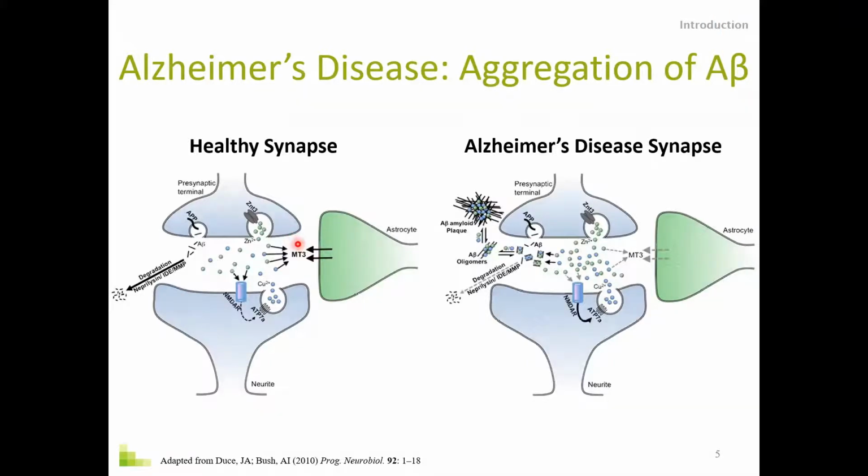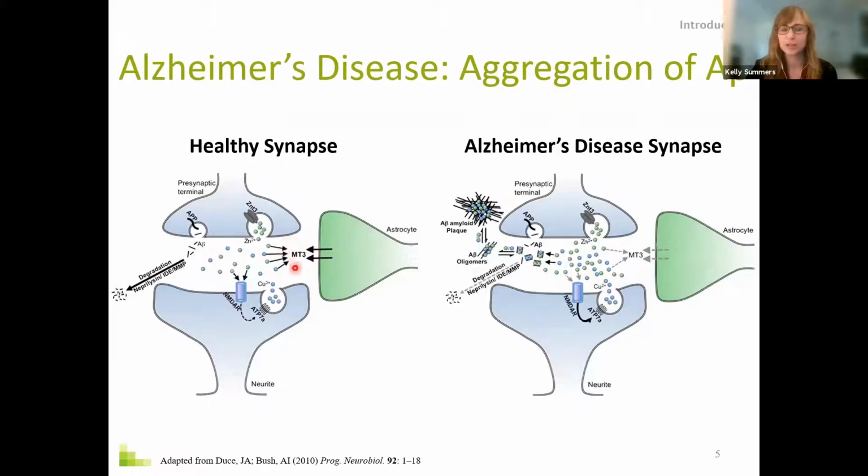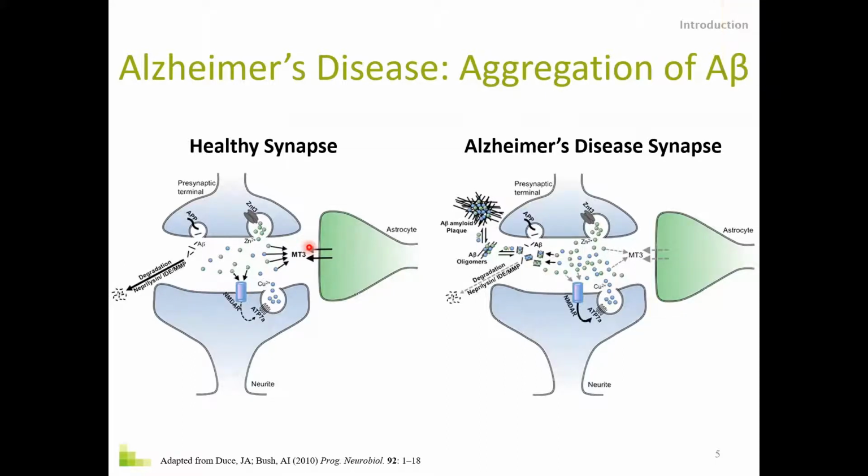So I would guess that you're most likely right, that this should actually be one of the more common brain metallothioneins. So thank you for pointing that out. MT3 is supposed to be expressed in neurons because synapses are between neurons. So it's just a question. Okay, thank you. Good point. Thank you.